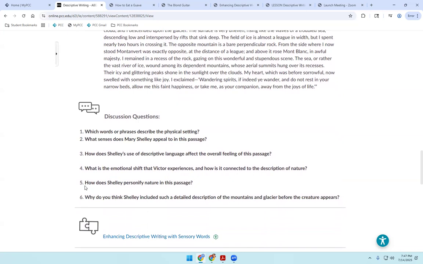Good. How does Shelley personify nature in this passage? Anybody? What does it mean to personify nature? Describe? We're definitely going to be describing it. Yeah. For what purpose? If we personify something that is not human, we're giving it human-like characteristics.